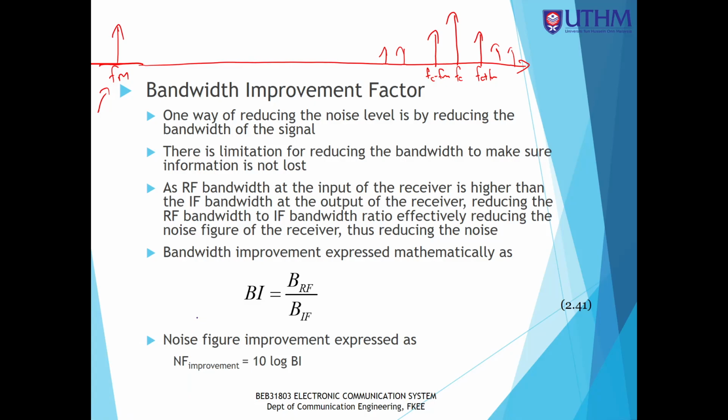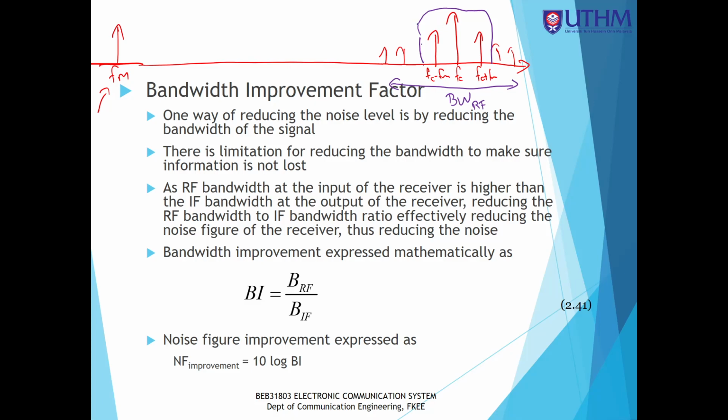Before that, we can calculate the bandwidth of RF over here. This is the bandwidth of RF, the amount of bandwidth received from the antenna. Then it goes through the tune circuit. The tune circuit will limit, for example, up to here, and it will select this.